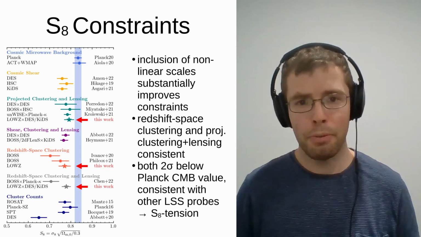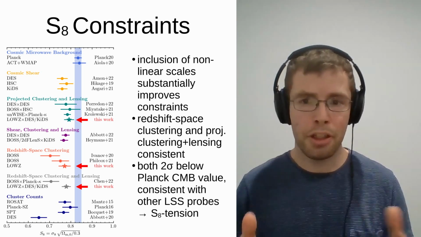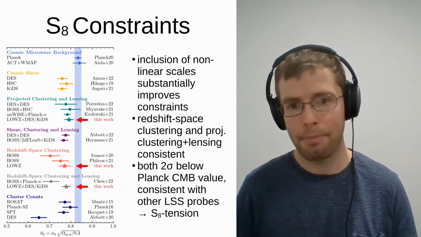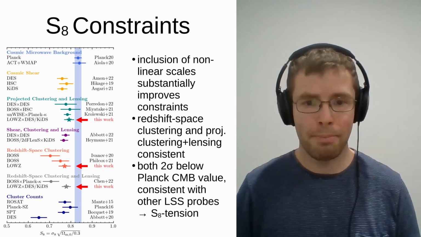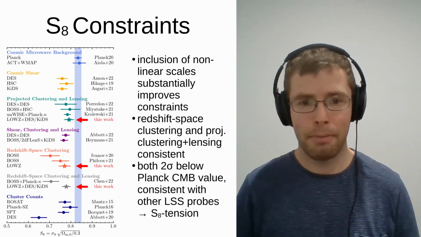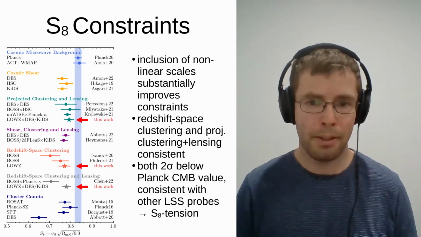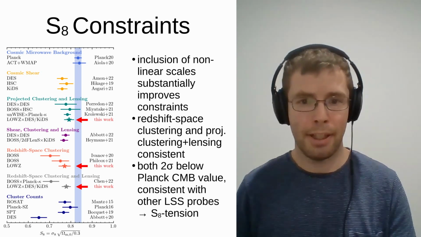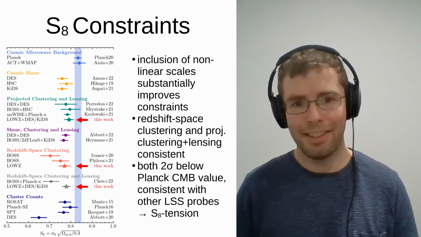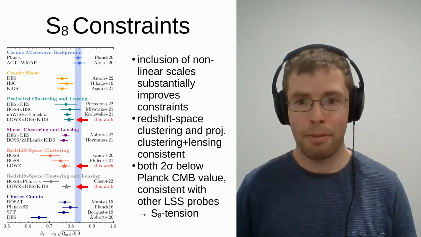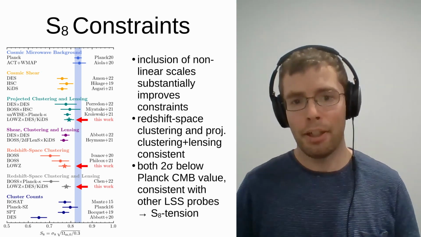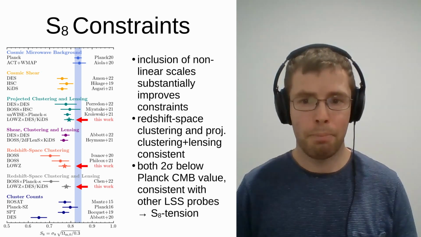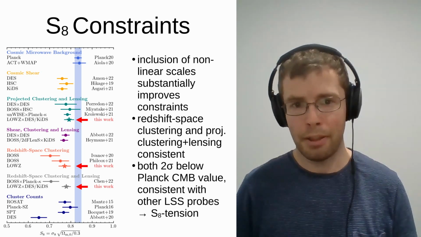And so again, these are two complementary, largely independent ways to constrain S8, and they're very consistent with each other. We can also combine them, which is shown by the gray star. This is if we analyze both galaxy redshift space clustering as well as galaxy-galaxy lensing. Most importantly, these different constraints are very consistent with other large-scale structure probes, and they're also around 2 sigma below the Planck CMB value.